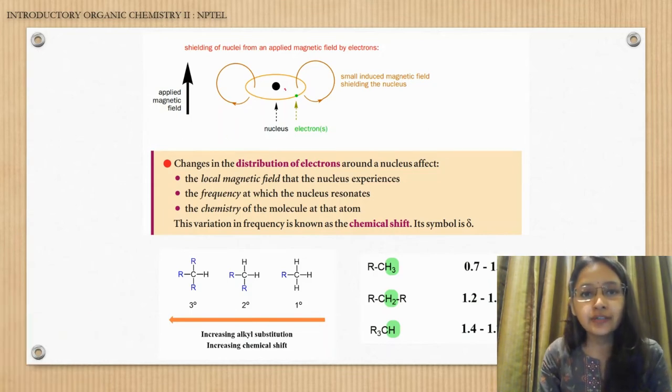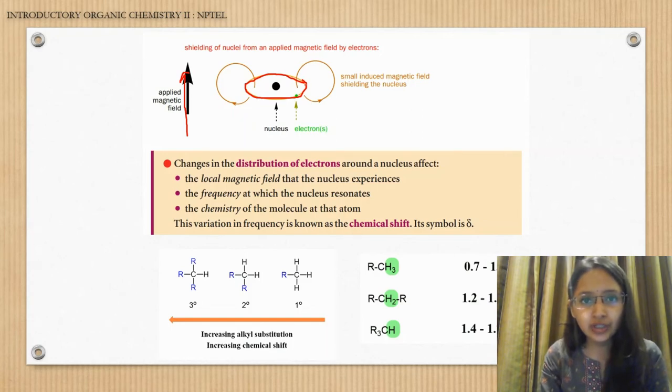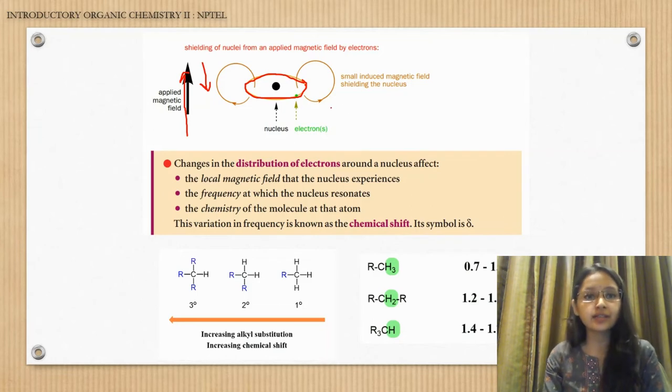If you have a nucleus, say a proton, surrounded by electron density on the carbon, and you are applying a magnetic field in this direction, then the surrounding electron density produces a small induced magnetic field opposite in direction to the applied magnetic field.